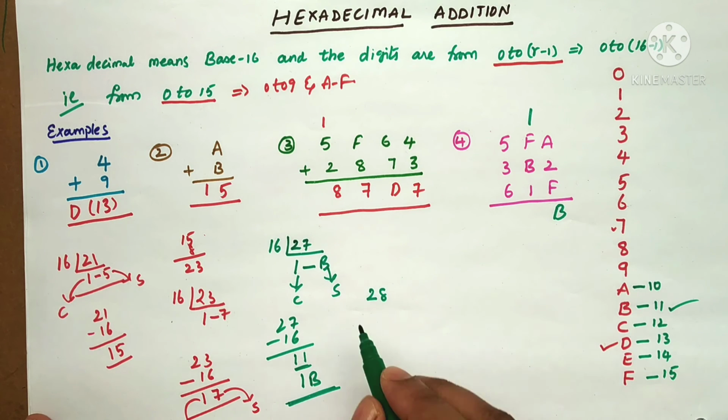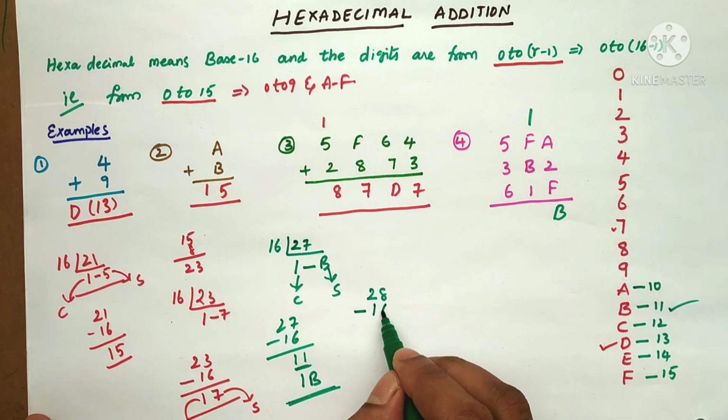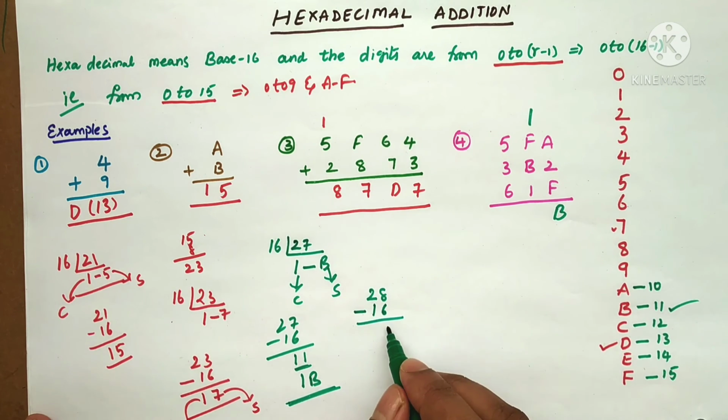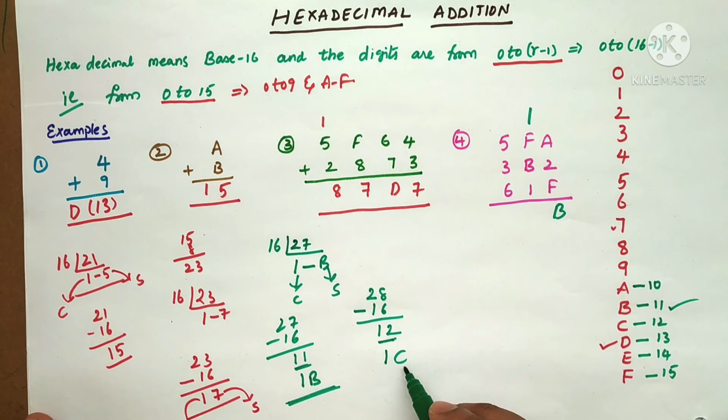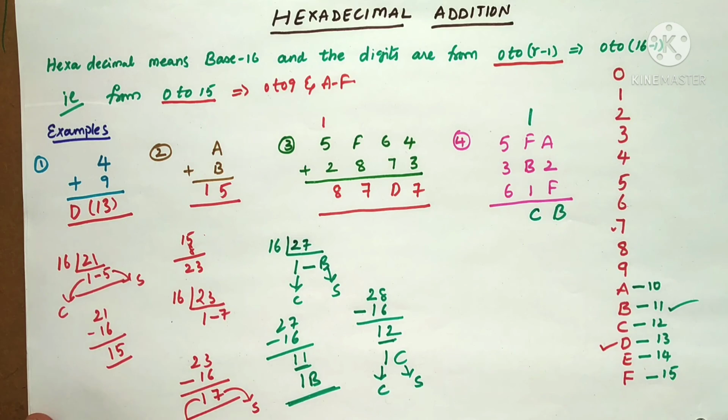Just now I told you one trick. Subtract 16 from 28. The value is 2 here. 8 minus 6 is 2, 2 minus 1 means 1. 12 means C. How many times have I subtracted 16 from 28? Only one time. So 1C is the answer. C is the sum and 1 is the carry.